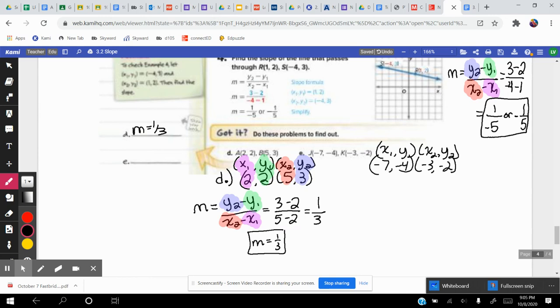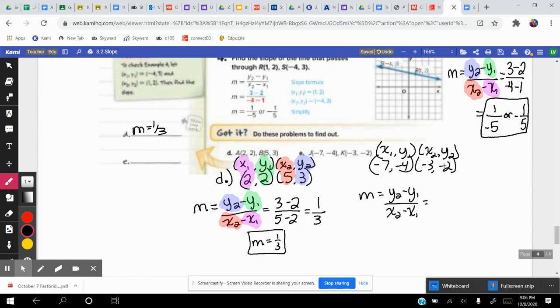Again, I'm always going to put my first ordered pair as x1, y1, and my second ordered pair as x2, y2. Let's write the slope formula again. m equals y2 minus y1 divided by x2 minus x1. If the highlighting helps, continue doing the highlighting. If it doesn't, then you don't need to.